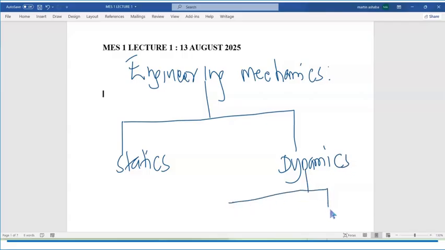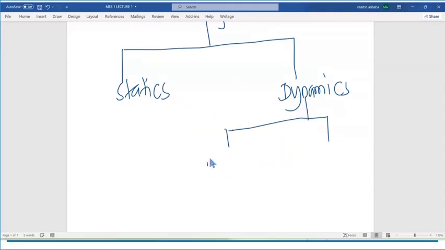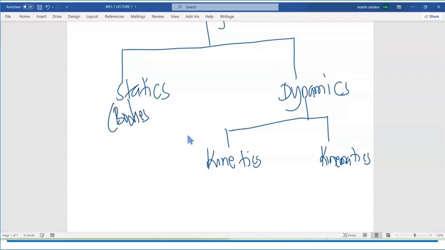And dynamics is again divided into kinetics and kinematics. So here we are talking about bodies at rest. Here we are talking about bodies in motion.